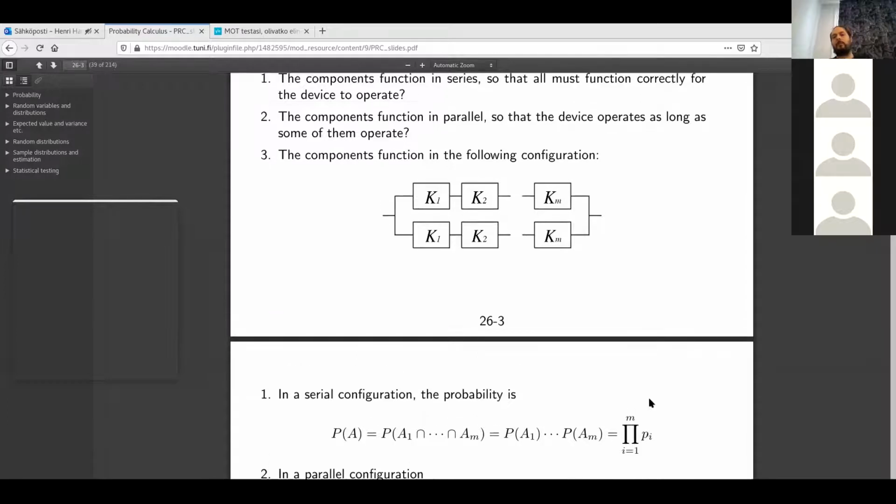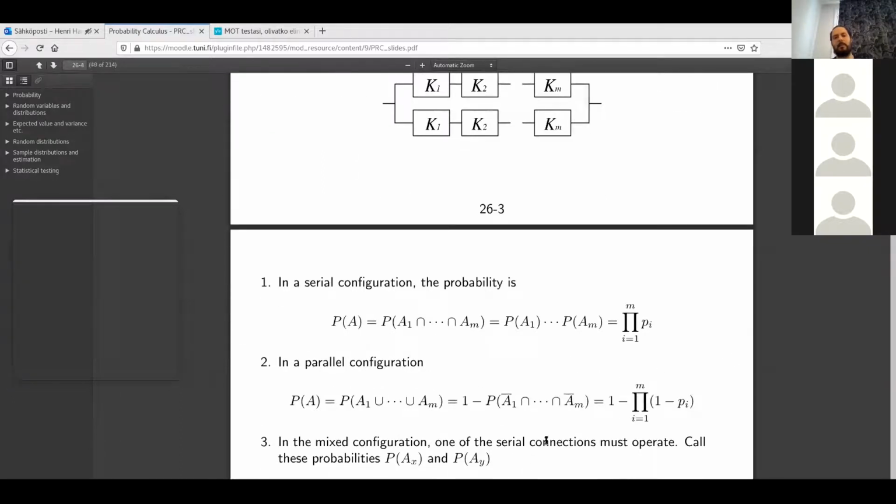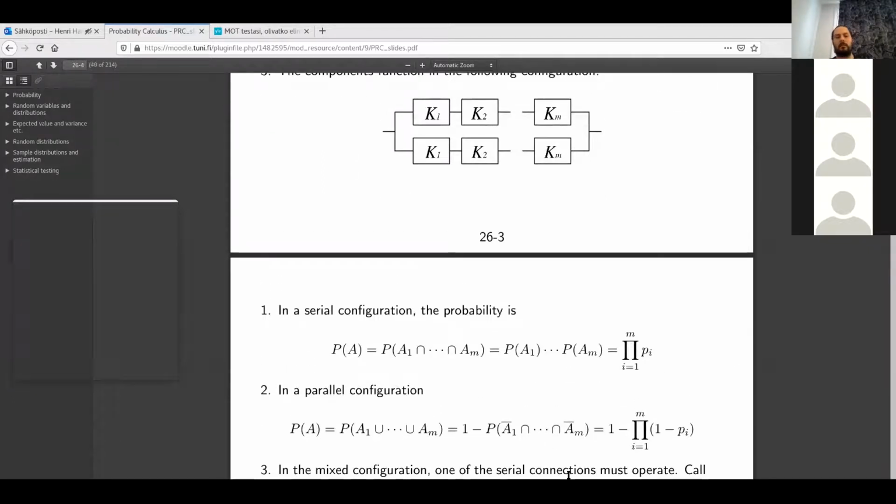In the parallel configuration, they're still independent, but in order for the machine to fail, all of them have to fail. In the serial one, as long as one fails, the whole thing fails. So here we have to multiply the failure probabilities. The probability of it working is the union of all of them working, right?